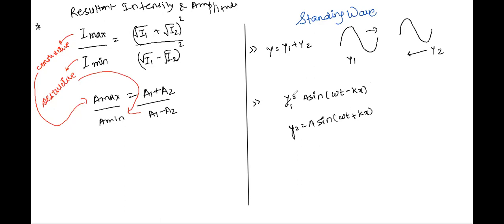Okay. Now, Anukriti, can you tell me, if I add these two, what should be the resultant amplitude? 2a. Why? How come so easily you have told? No, they will cancel each other out. Will they cancel each other out?